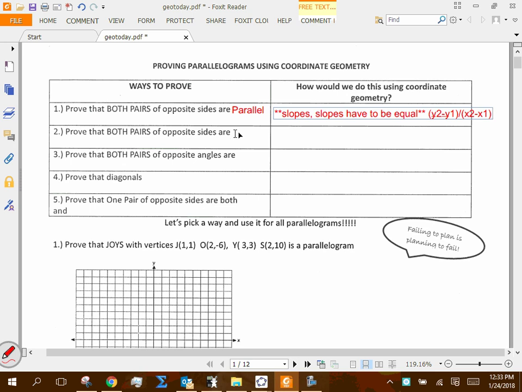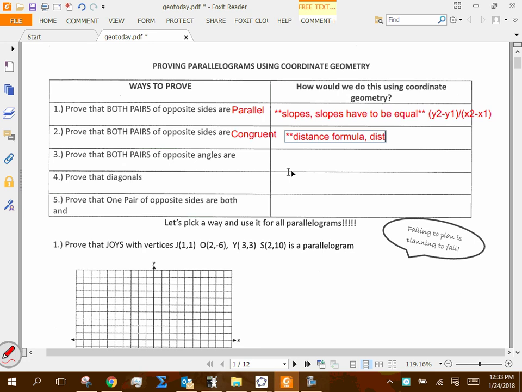What's the other thing or the other feature that we could look at to determine that it's a parallelogram based off of both pairs of opposite sides? Okay, so they're congruent, and you're saying then when I want to talk about congruency, that incorporates the distance formula.